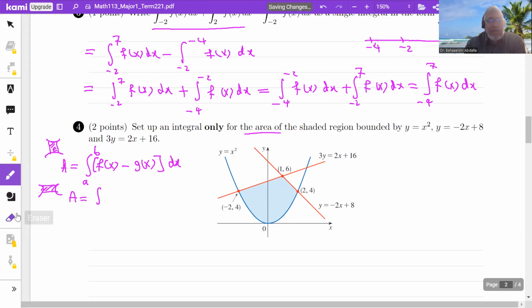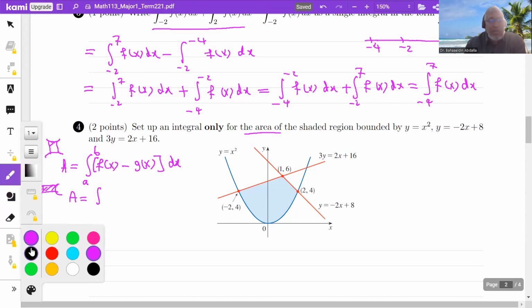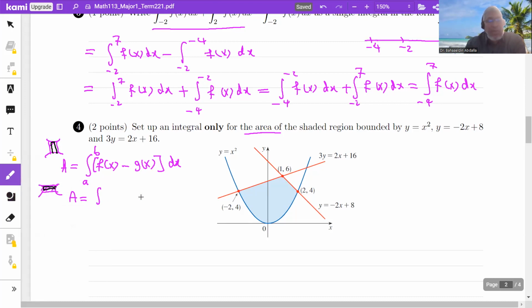But in this case, here we are going to use a typical vertical rectangle, but here I'm going to use a typical horizontal rectangle. So the width of this rectangle would be dy.